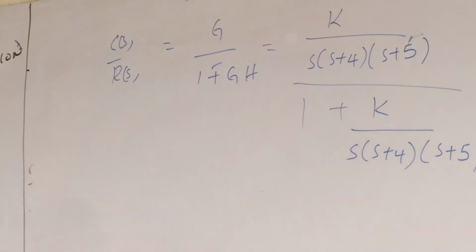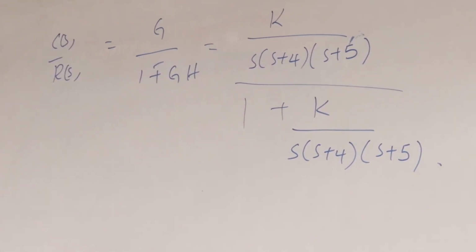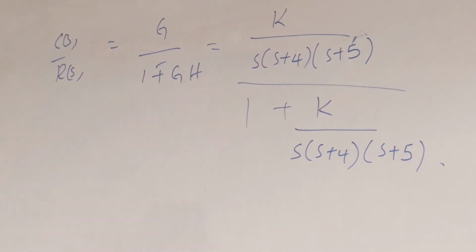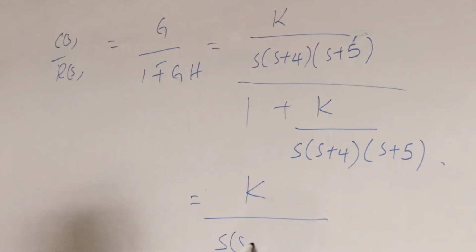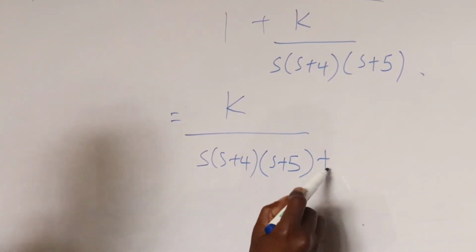Then you simplify it so that you have K all over S into (S plus 4), (S plus 5) plus K.